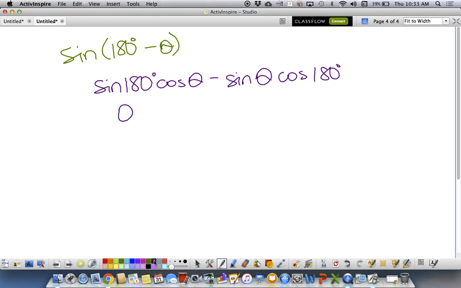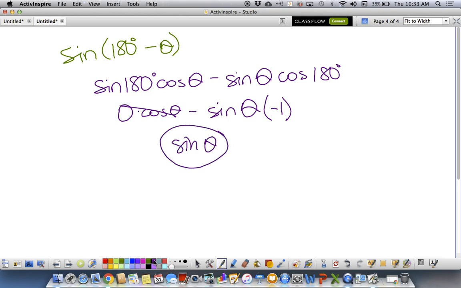It's 0 times cosine theta, so this is 0. Minus sine theta times cosine 180. What is cosine 180? Negative 1. So it's minus a negative sine theta, which is just sine theta. Woo, I did it. Using the formula.